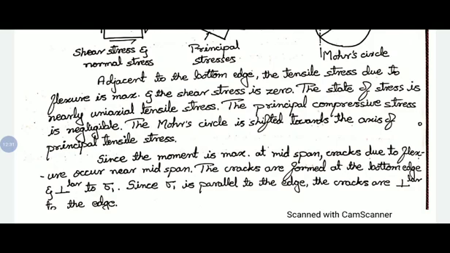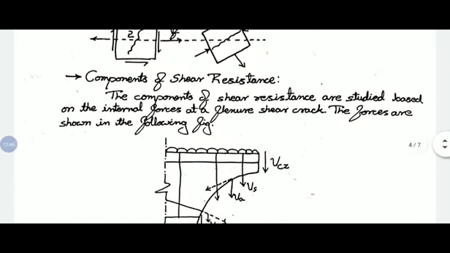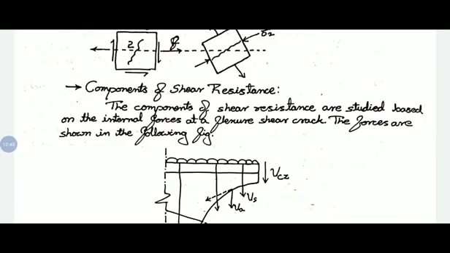But in this case, sigma 1 is along the axis and the cracks developed are perpendicular to the axis. That you can observe here in this figure. So that is the first thing, how the stresses will develop in the uncracked beam.